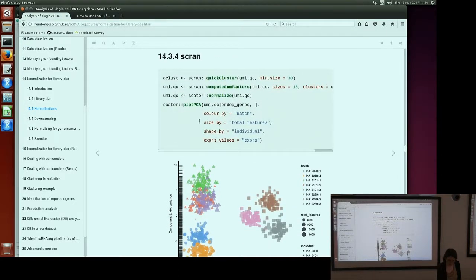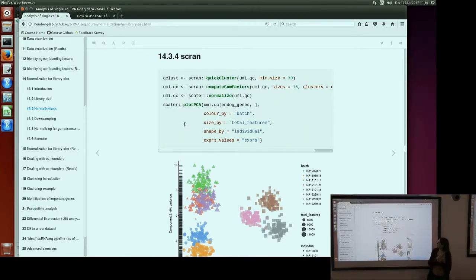And then we can perform scran. So here first it clusters the cells into clusters with a minimum size of 30. It then pools cells within each cluster. Here we've set the size to 15, so it'll randomly select 15 cells from that cluster of 30 or more to form a pool, and it'll form many, many pools for each cluster.